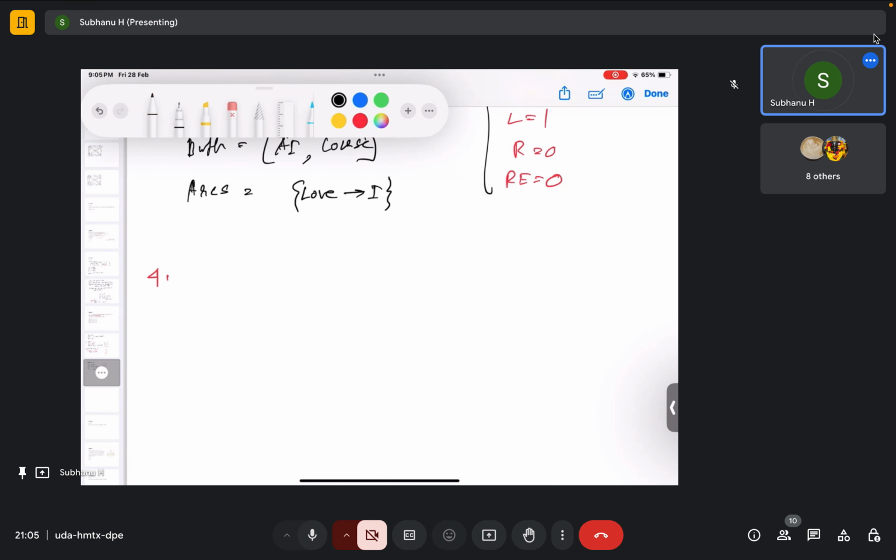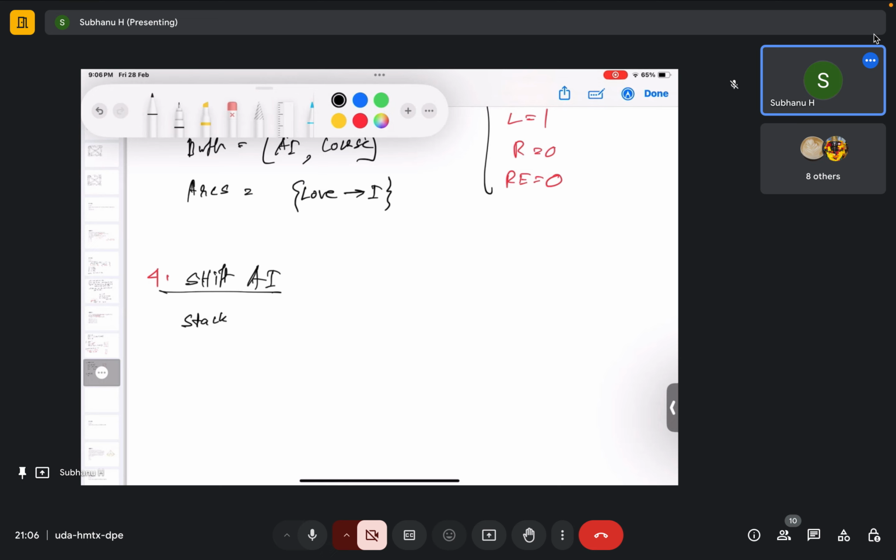Got it? Is it clear? Now what do I have to do? I have to shift AI. That means I have to move AI from the buffer to the stack.